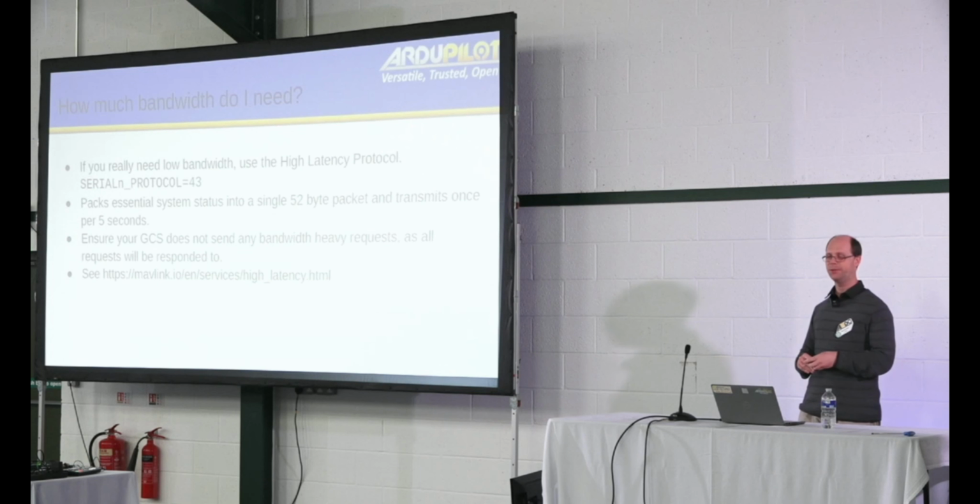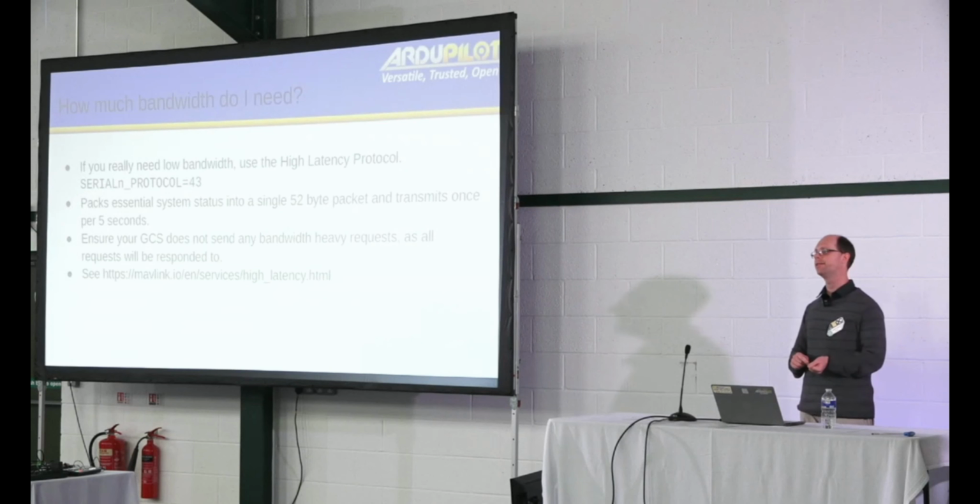This is what you'd use for systems like LoRa, which are really low bandwidth, in addition to short burst data satellite communication systems. If you are using this, it's still a standard MAVLink channel. So if your GCS decides to send stream rate requests or tries to download the parameters on a high latency link, ArduPilot will oblige and start flooding your high latency link with all that extra data.